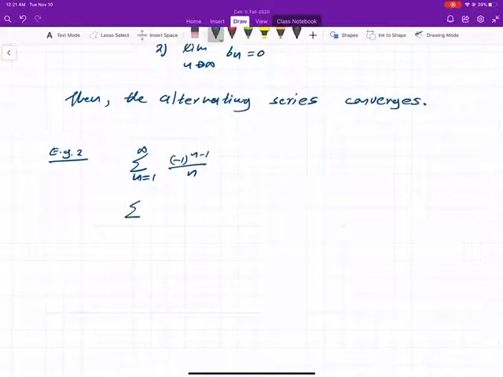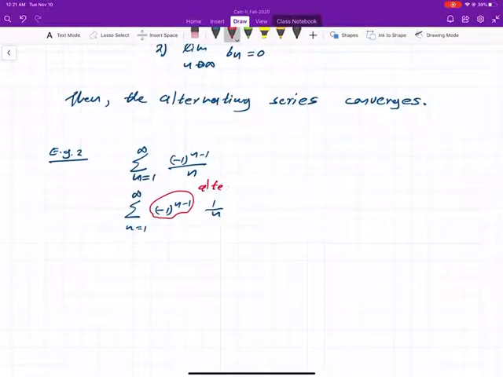You can write the same problem as sigma n goes from 1 to infinity, I just separate negative 1 to the power n minus 1, and then I write 1 over n. This is the alternating sign part. This part alternates sign, and this is actually bn. Now you understand what bn is.